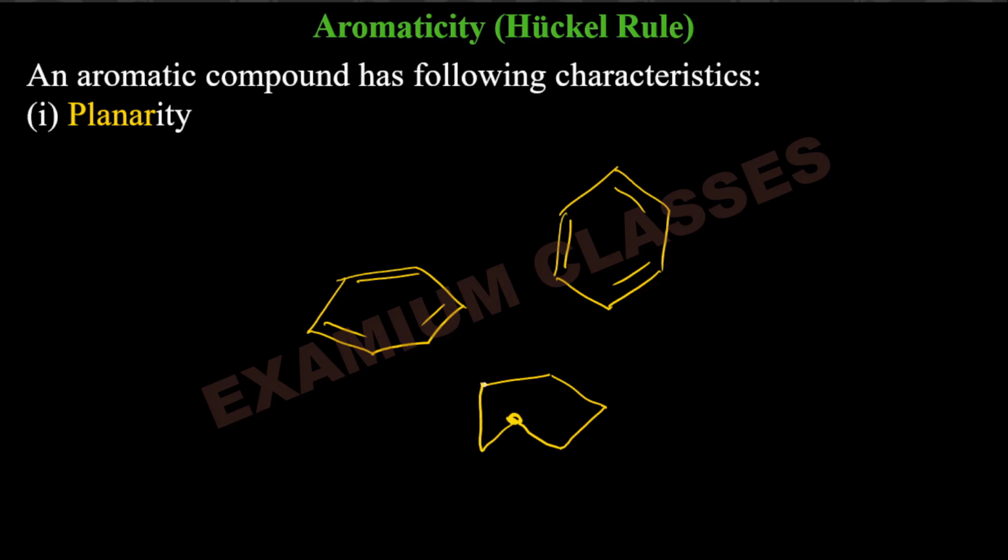No, that is not possible. So say these 5 carbons are in one plane, in the plane of the screen, and this carbon is at the top, then it can never be aromatic. So the molecule must be planar. When we say the molecule must be planar, means the ring must be planar.